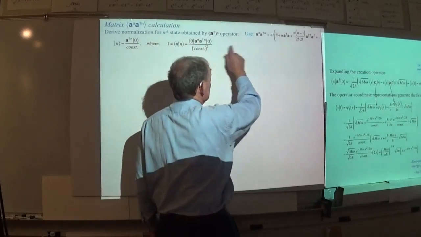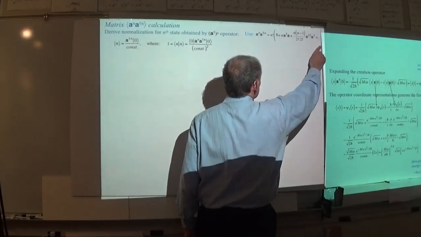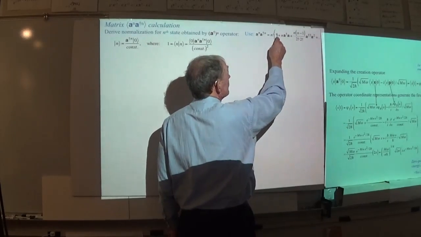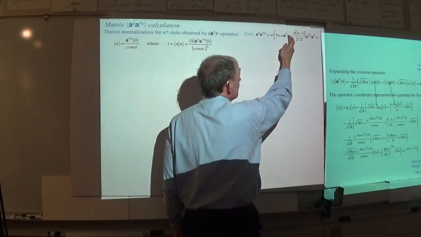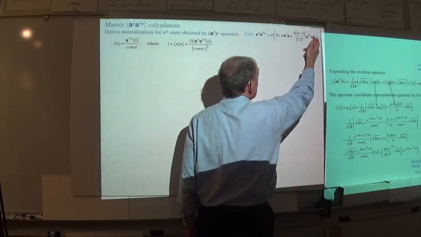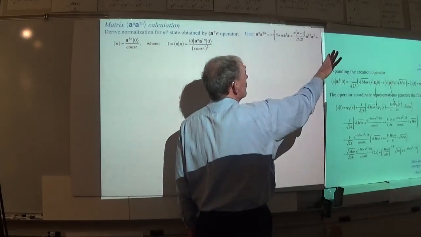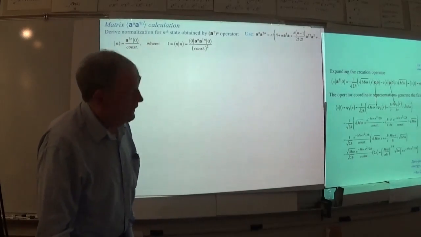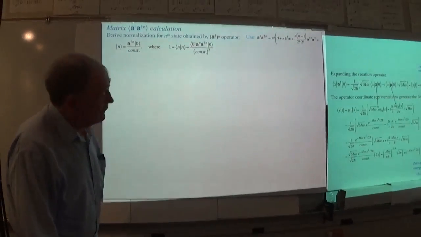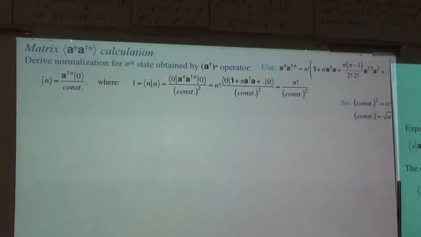Because this thing right here is just this, and this is the only term that's going to survive when I take a matrix element using the vacuum, because this is killed by the vacuum, this is killing the vacuum, and so on. They're all in normal order. Only this one is left, you see. And so that's the tricky bookkeeping that we're doing here.